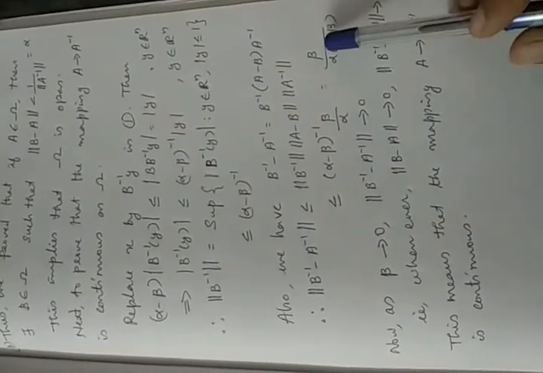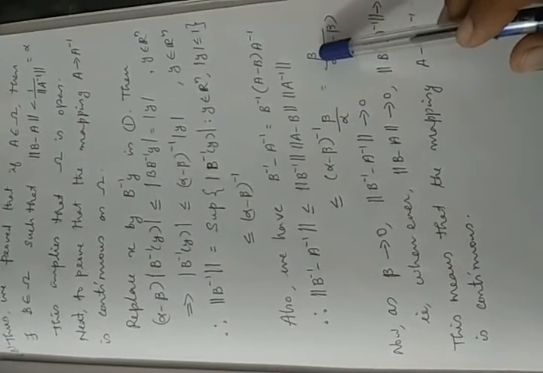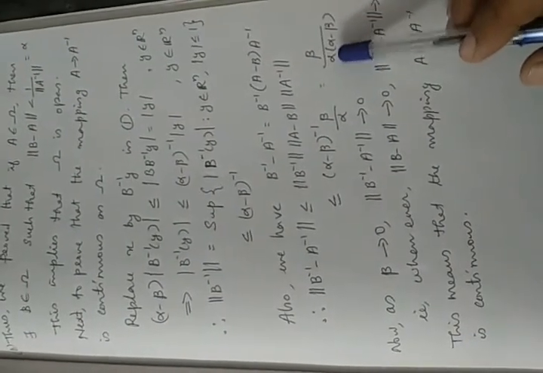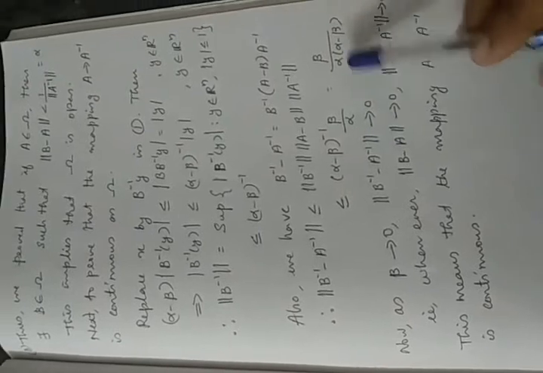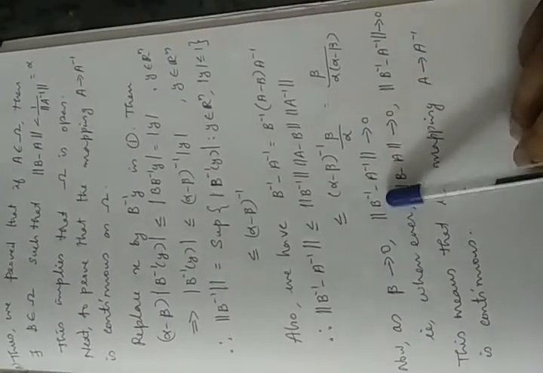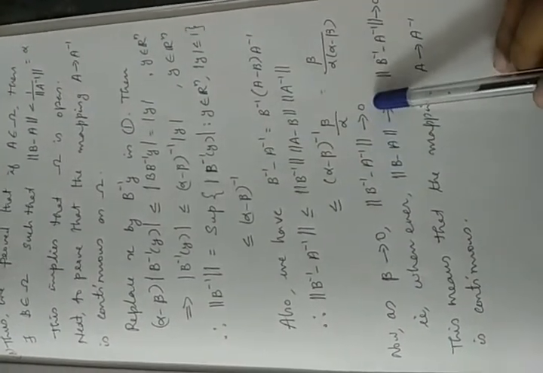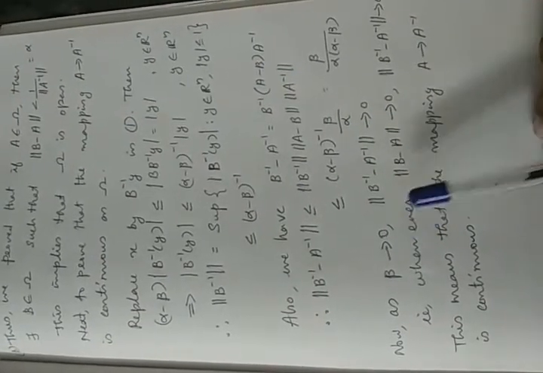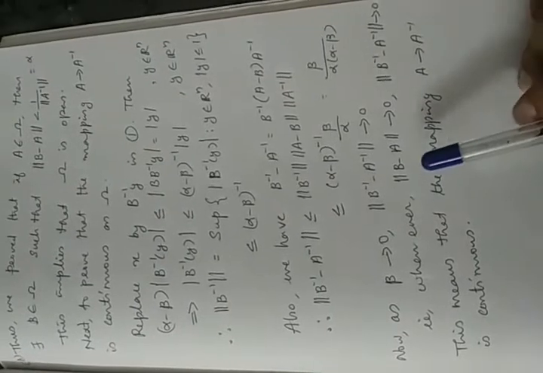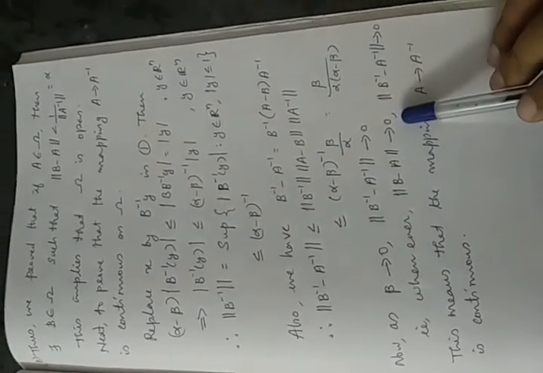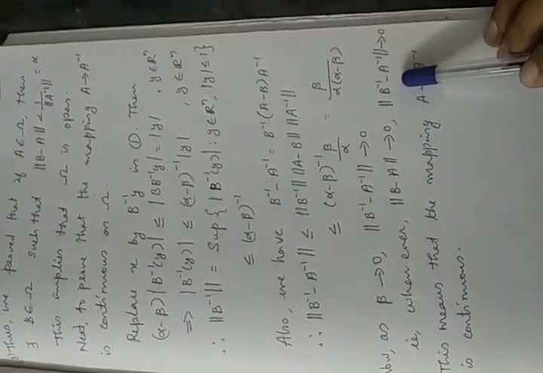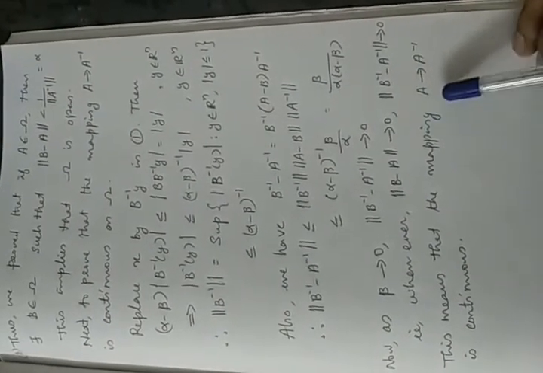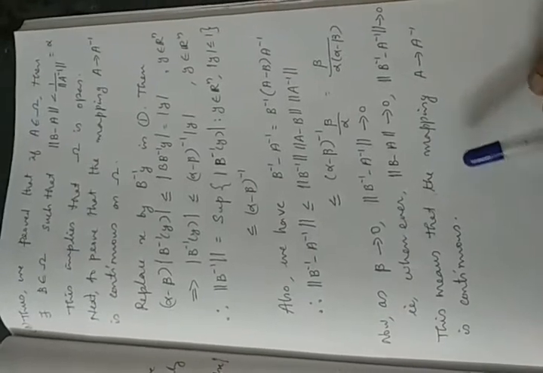As beta tends to 0, the RHS tends to 0. That means norm of B inverse minus A inverse tends to 0. Now, what is beta? Beta is equal to norm of B minus A. So, norm of B minus A tends to 0 implies norm of B inverse minus A inverse tends to 0. This means that the mapping A goes to A inverse is continuous.